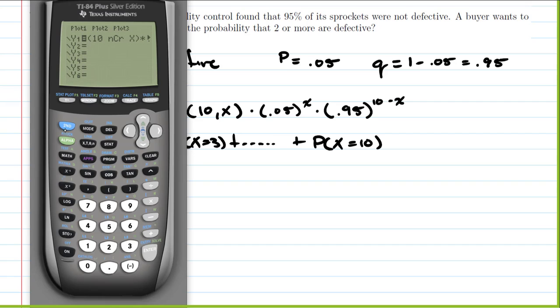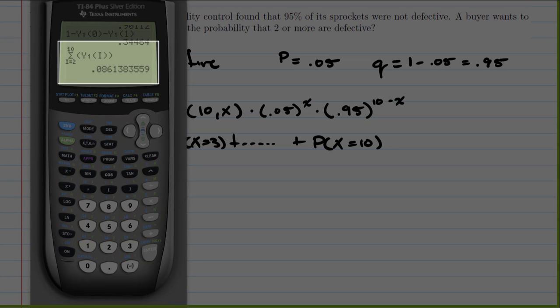And then I want to add all of those things up. So I can go alpha window, grab my summation, and I want to start at i equals 2 to 10, and I want to add up all of my y sub i's.